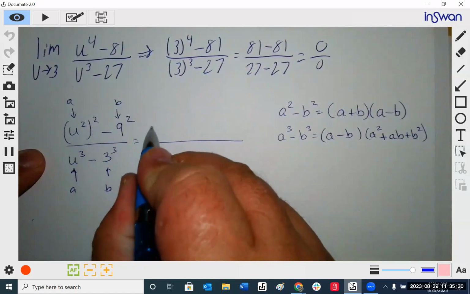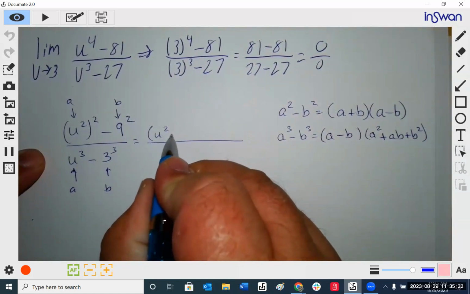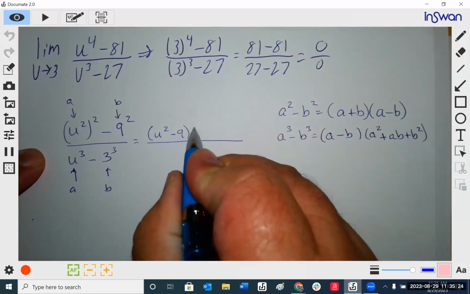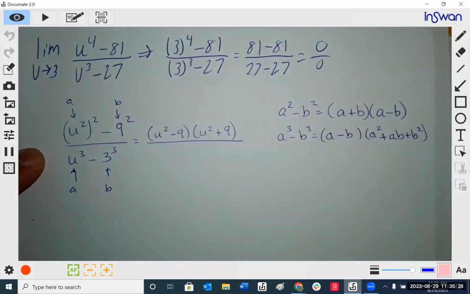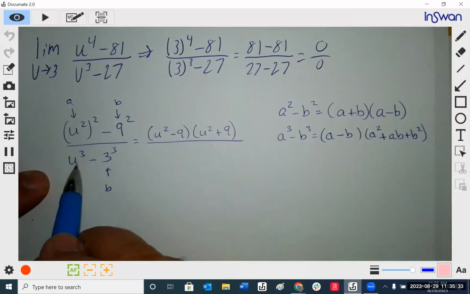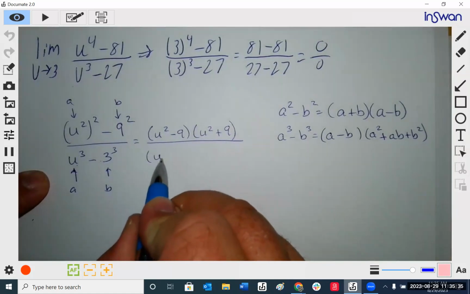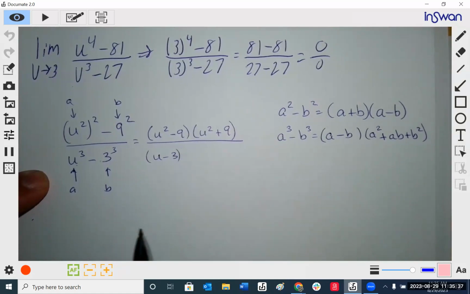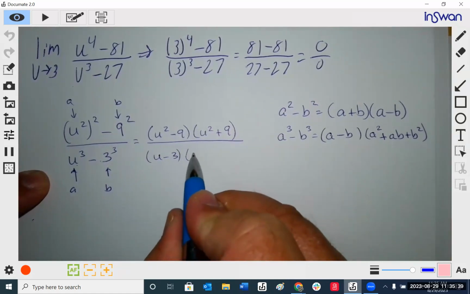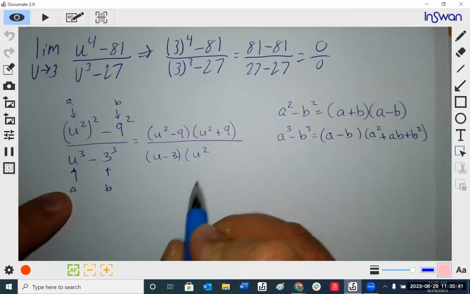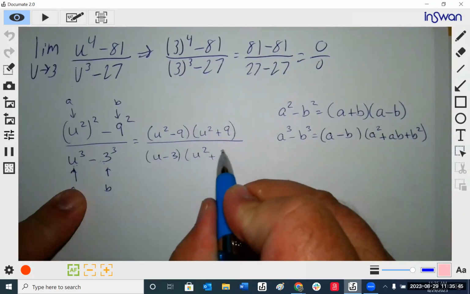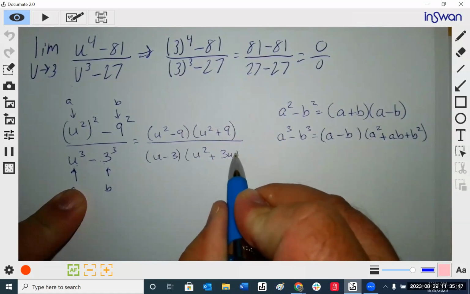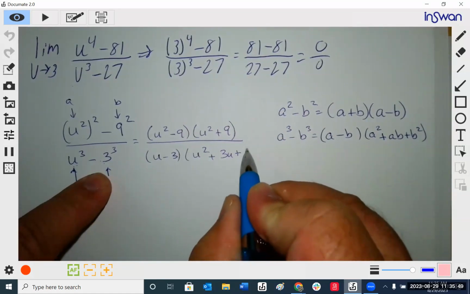So we have u squared minus 9, u squared plus 9. That's what that one says. u minus 3, u squared plus a times b, 3u, plus b squared, which is 9.